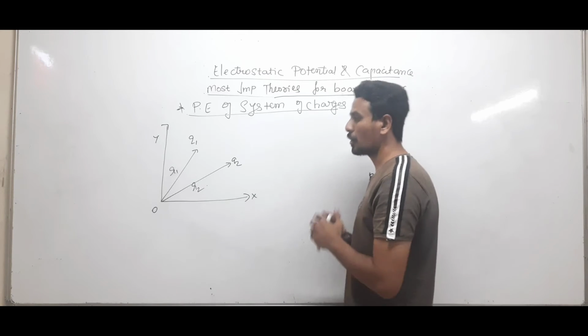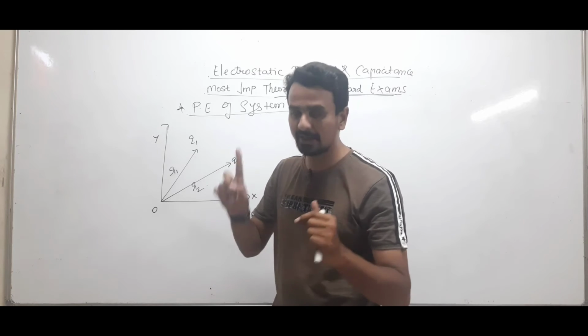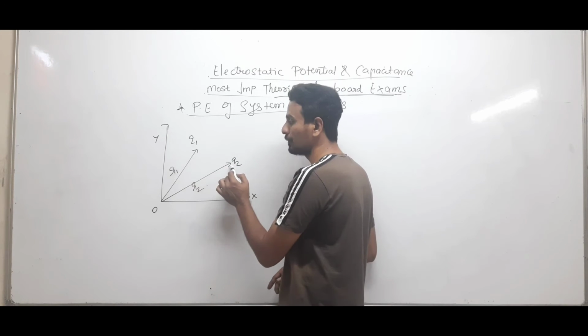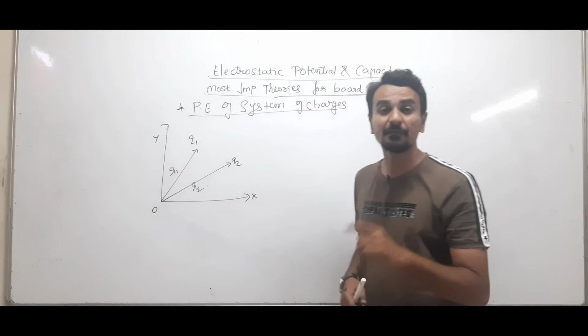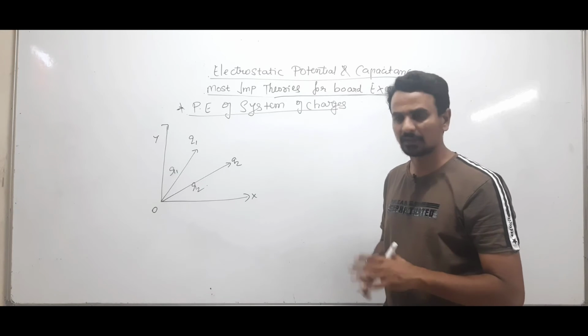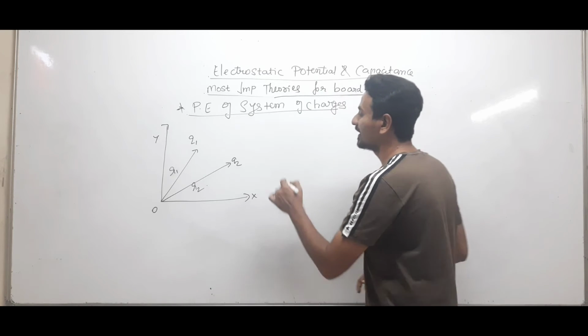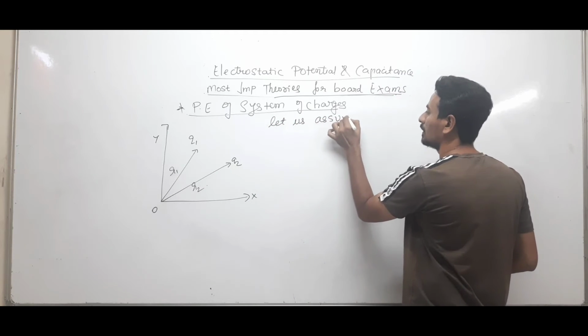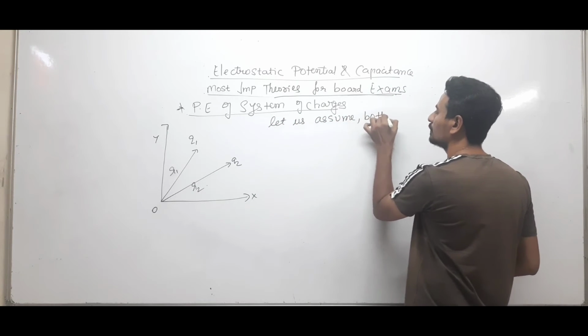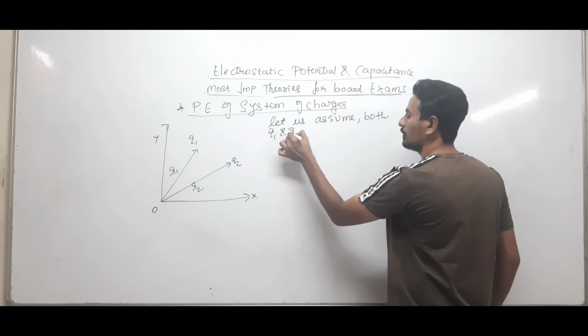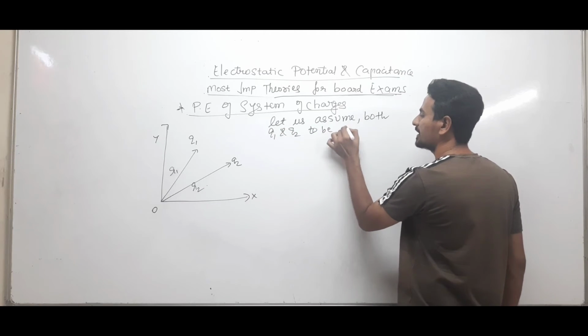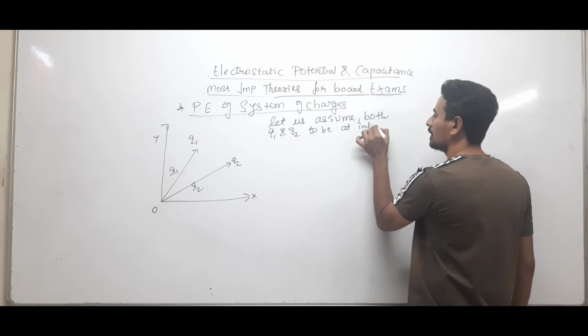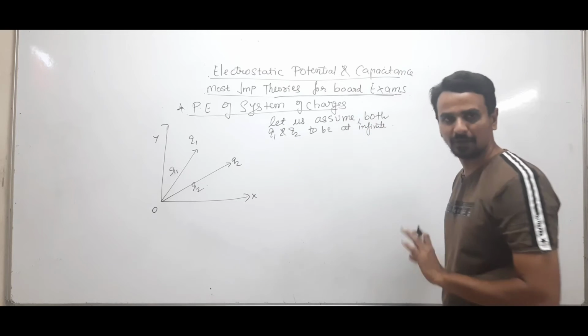To establish this configuration, that means to bring the charges Q1 and Q2 to R1 and R2, some work has to be done. Let us assume both Q1 and Q2 to be at infinity.